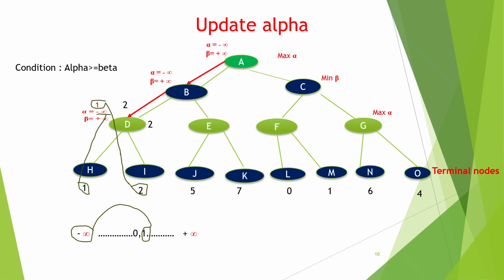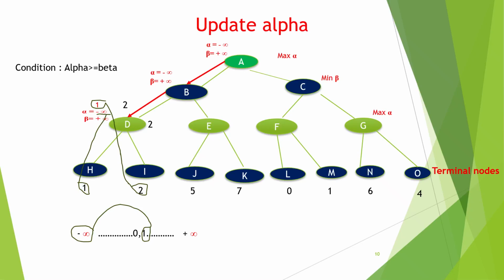While moving left side, just traverse from A to B. The initial value of A is just transferred to B. So alpha equal to minus infinity, beta equal to plus infinity. Then move from B to D. So the initial values, alpha equal to minus infinity, beta equal to plus infinity, are traversed here also.